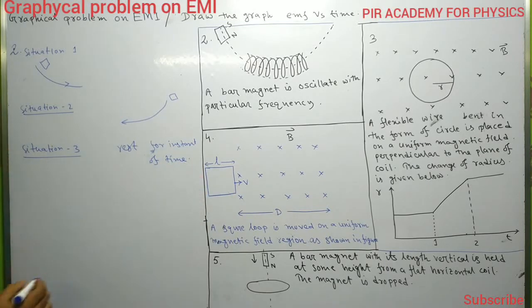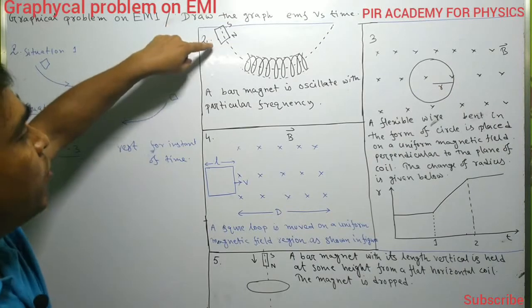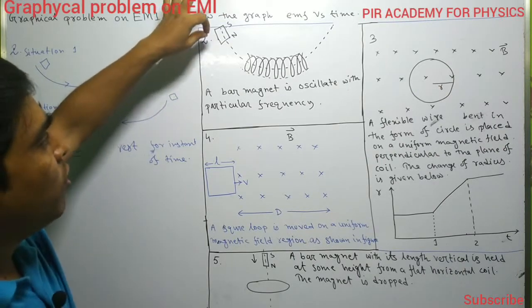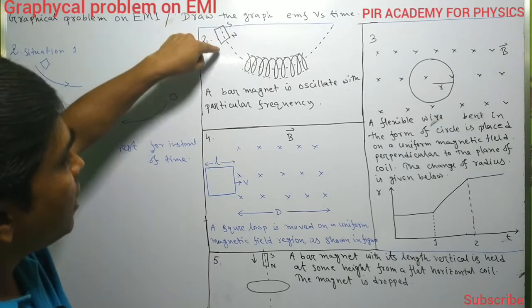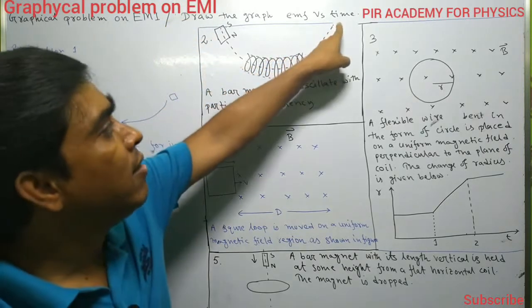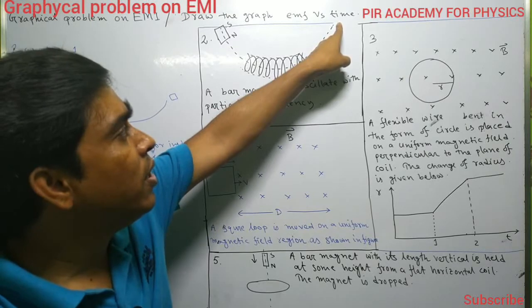This is the one complete oscillation. So suppose this is the rest condition. If this bar magnet is free, then this bar magnet reaches the other side. This is one situation.